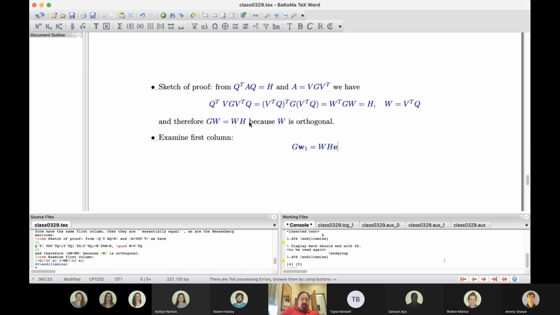Now H is Hessenberg, so the first column of H has two non-zero entries. That would give me W1 H11 plus W2 H21.